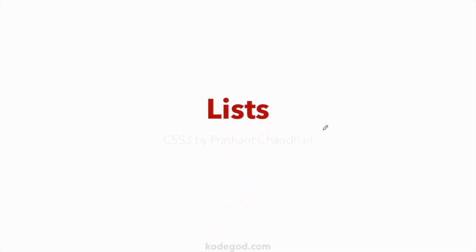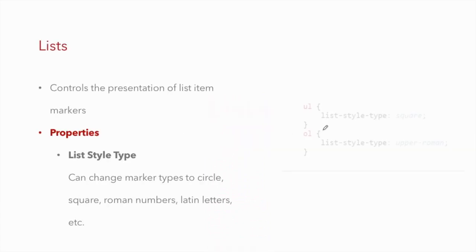Now we will continue with lists. Lists are basically sets of similar items that we usually display with the help of ul, ol and li tags. In CSS, there are mainly two properties which can be used to display those markers in certain types.